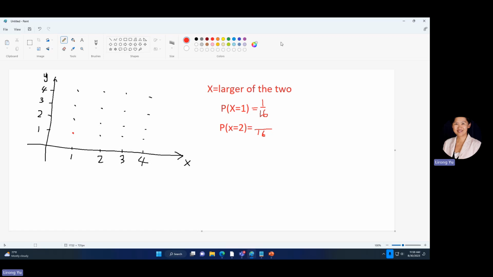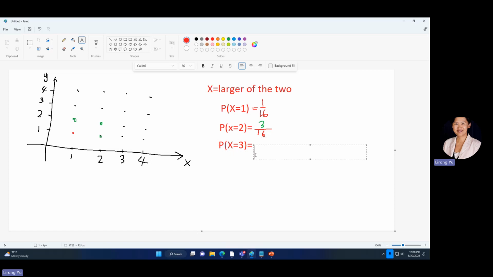Yes. So that means we got 3 of them. 1, 2, 3. So it's going to be 3/16. So we can gradually see some pattern. Next one, what is the probability for the larger one to be a 3?